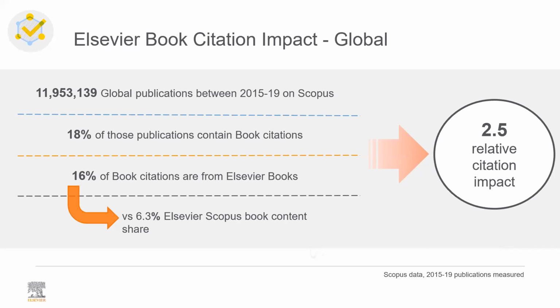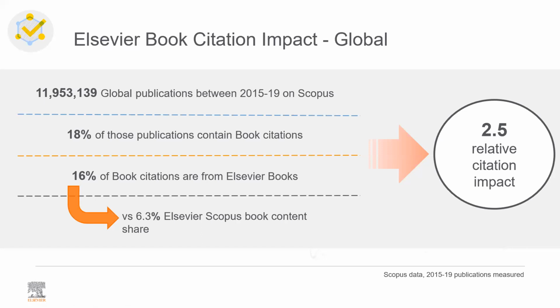After the study, they calculated the relative citation impact of these publications that contain book citations. They found the value of the relative citation impact to be 2.5. So what is the minimum value?